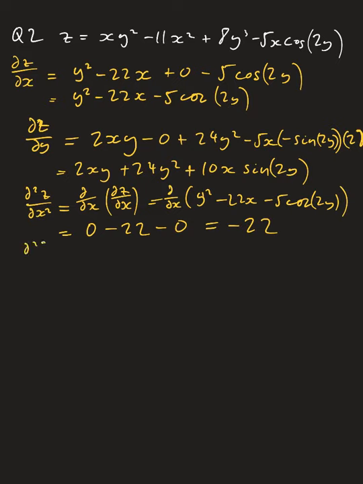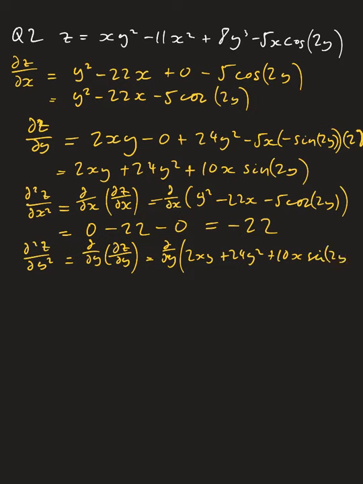What about the second derivative with respect to y? Well, that's ∂/∂y of ∂z/∂y, which is ∂/∂y of, I got ∂z/∂y above, 2xy plus 24y squared plus 10x times the sine of 2y. So now I'll differentiate that expression with respect to y, treating x as a constant.